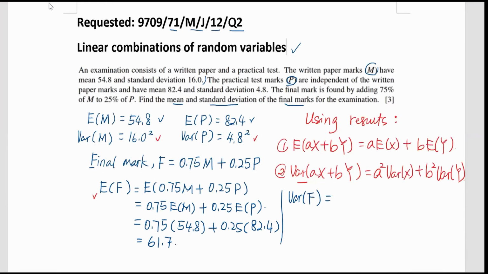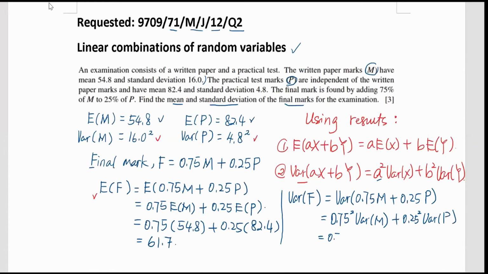Second, we are trying to find the variance of the final mark. According to the result given, the variance of the final mark can be written as variance of 0.75 M plus 0.25 P. Hence, 0.75 as the value A needs to be squared and multiplied with the variance of M, as well as 0.25 squared and multiplied with the variance of capital P. The variance of M is given by the question, 16 squared, plus 0.25 squared multiplied with the variance of P, which is 4.8 squared.